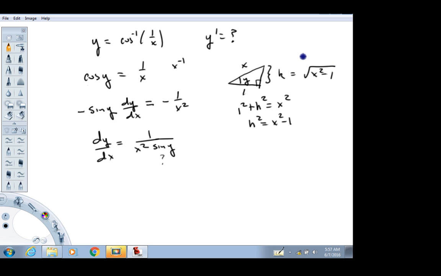So we can use this triangle now to find an expression for sine y. So this is going to equal 1 over x squared times sine y. And I'm looking at my triangle here, sine y. And remember that sine is opposite over hypotenuse. So that's going to equal this, square root x squared minus 1 over x.